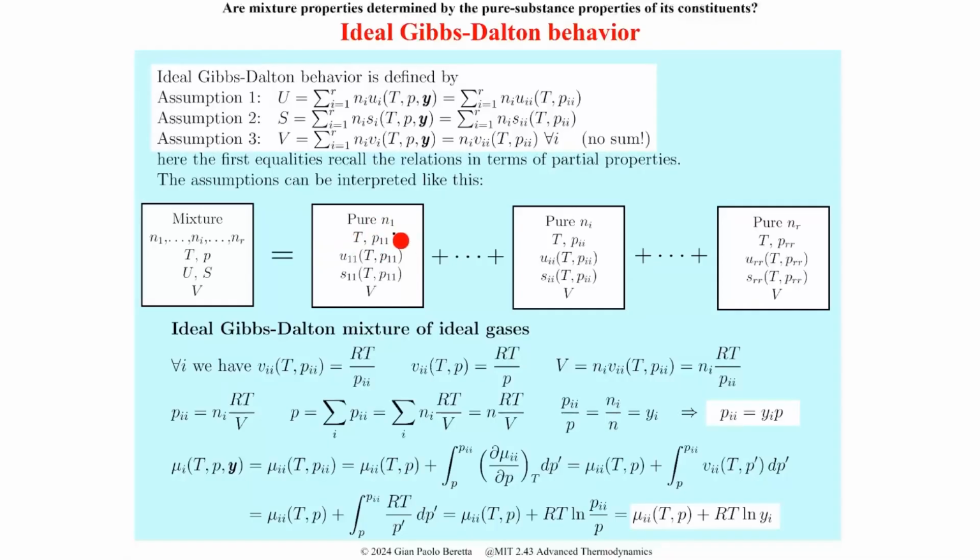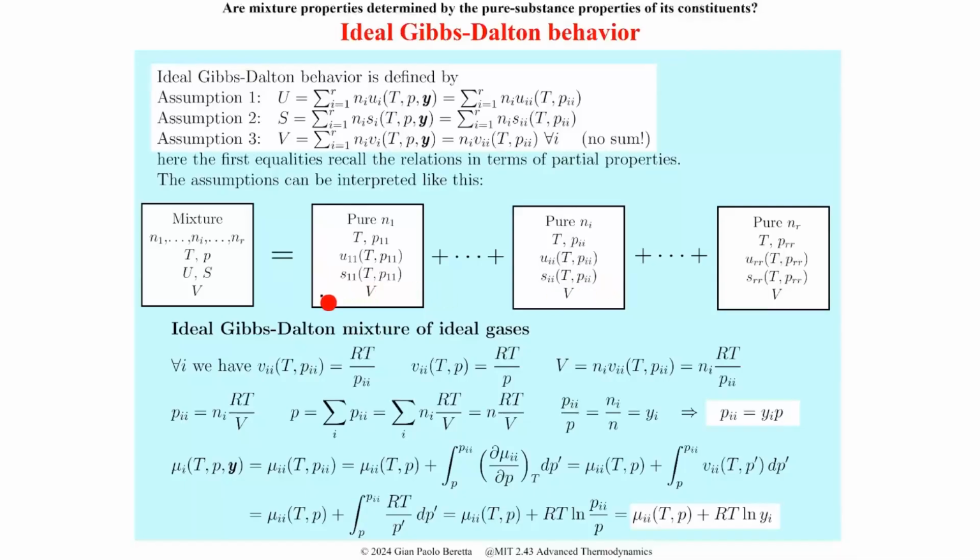Then, in these conditions, they have a specific energy, since they're pure. For example, component I has a specific energy, which is U double I evaluated at the T and P, because here it is at the partial pressure. The same for the entropy.